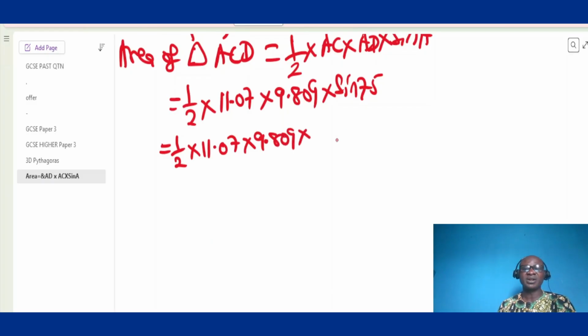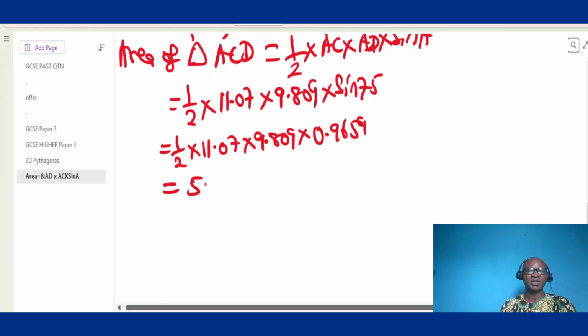That is now going to give me 0.9659. I will multiply everything and divide by 2. Then multiply by 9.809, then multiply again by 11.07. Everything divided by 2. That is what I'm looking for.